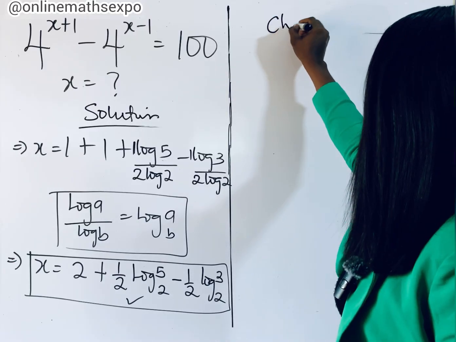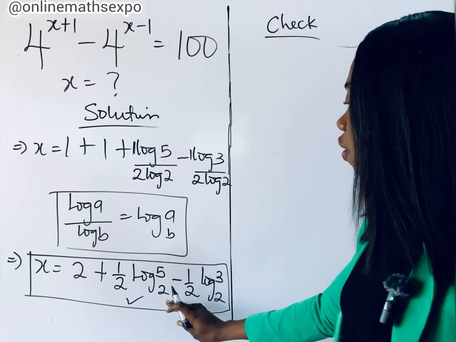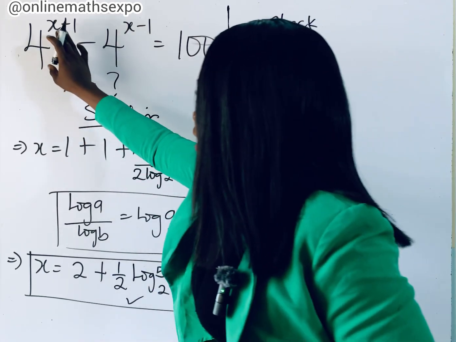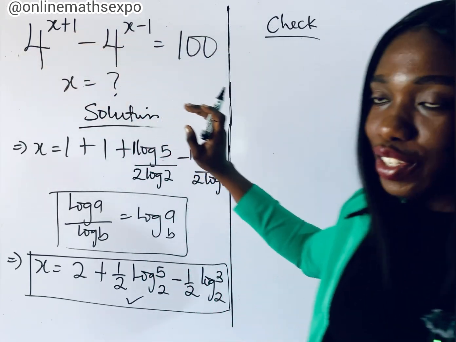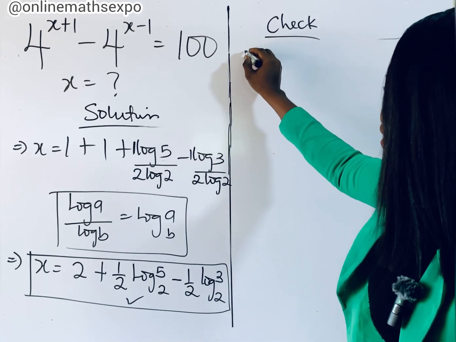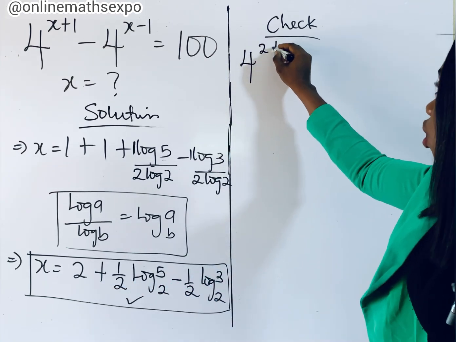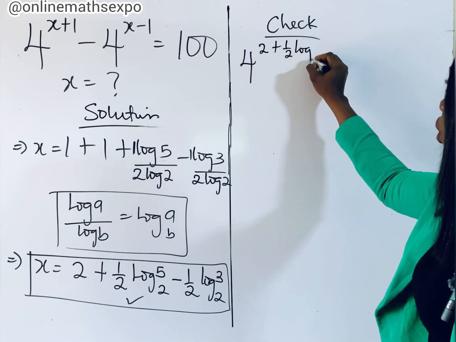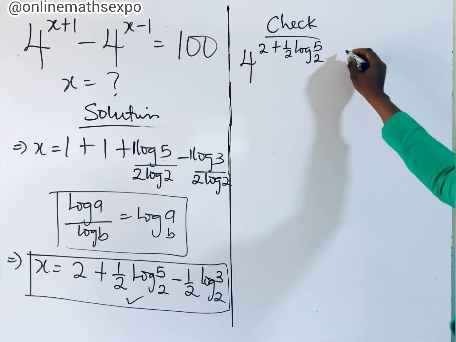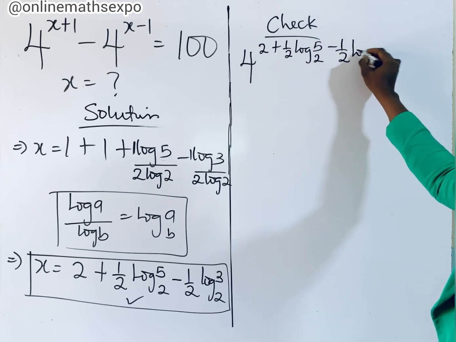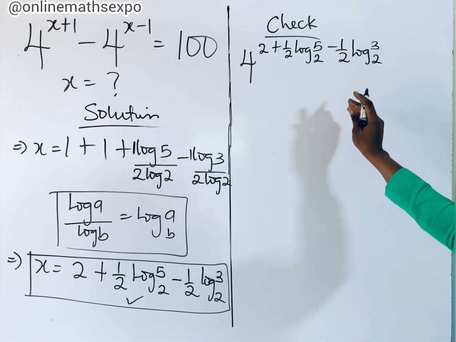Now let's plug this into the left side to see if it gives us 100. So to check, this is our x. We're going to put x here and also here. So you have to watch carefully. So we have 4 to the power of, the whole of this is x. So we have 2 plus half log 5 base 2 minus half log 3 base 2.